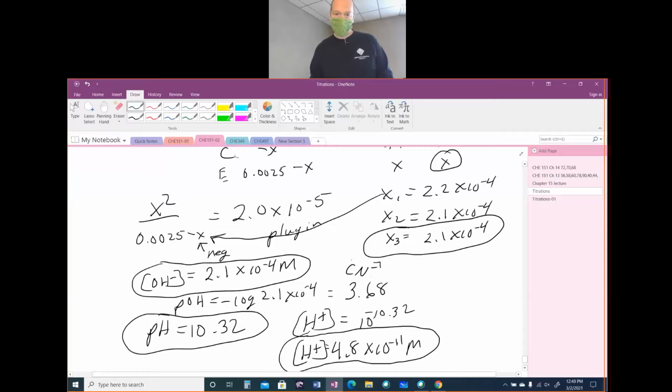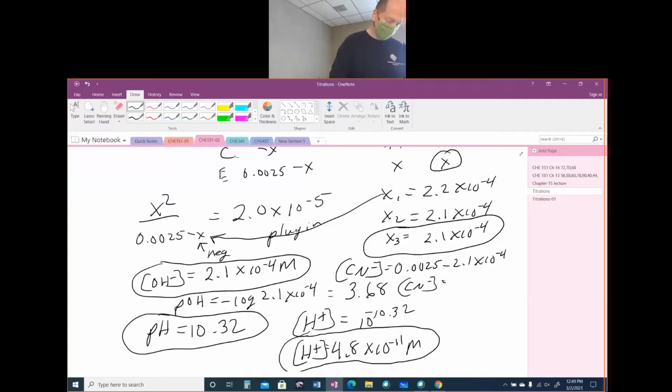The CN minus concentration, as we see right up here, is the 0.0025 minus the X value. So the CN minus concentration is 0.0025 minus the X value of 2.1 times 10 to the minus 4, and that gives you 0.0023.